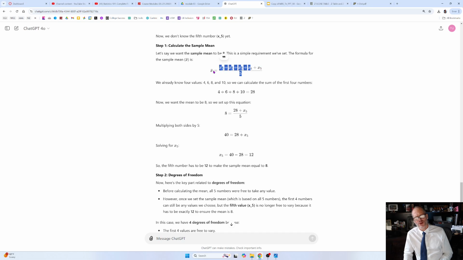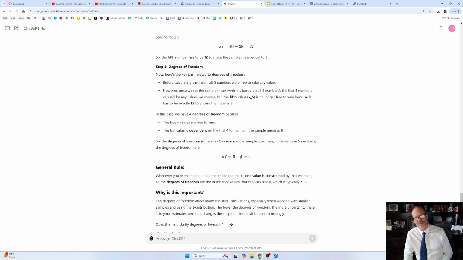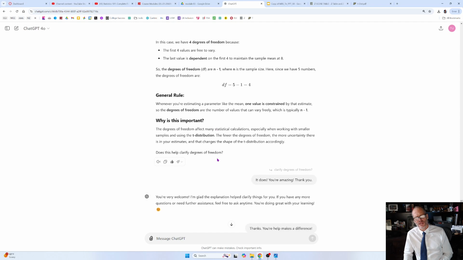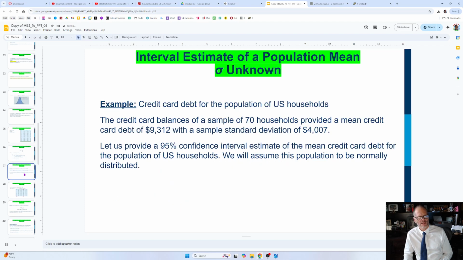Once you say you're going for 8 for your sample mean, these 4 could be whatever you want. They have 4 degrees of freedom. Once you've determined those, the last one can't vary, so that's not free. So your degrees of freedom are 5 minus 1. As you get a larger sample size, 100 minus 1 gives you higher degrees of freedom, 99. S is the sample standard deviation, and n is the sample size.